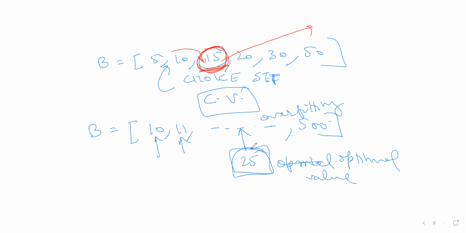Okay, so let me put it this way. The question is, is it always true that the middle values will come? Not necessarily, depending on the data set. It is possible that the actual value chosen is, say, 30.